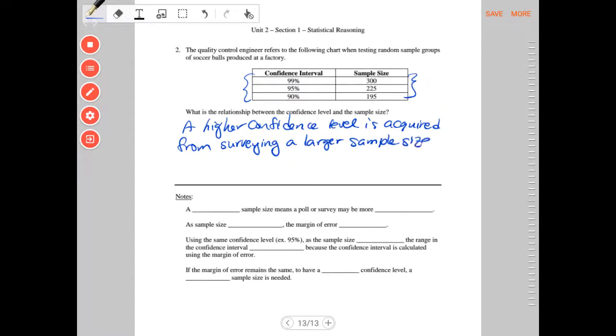So basically what it's saying is the more soccer balls that are sampled, the more confident they can be about the quality of those soccer balls.